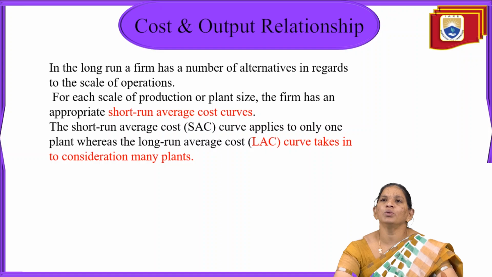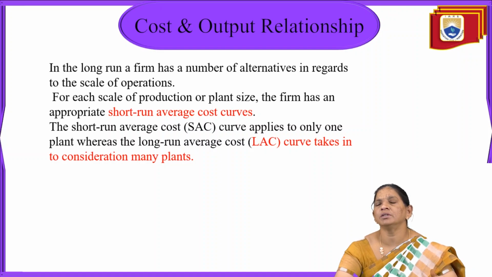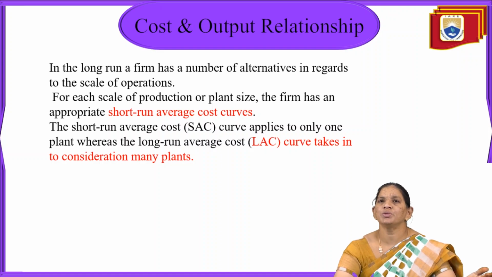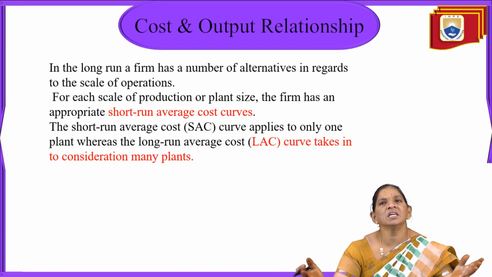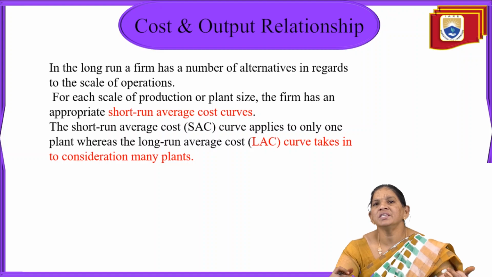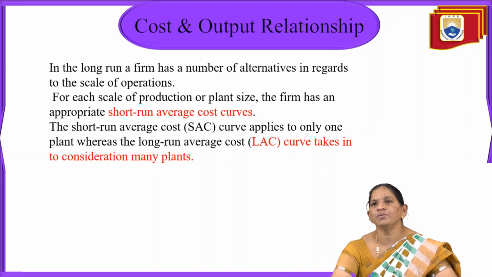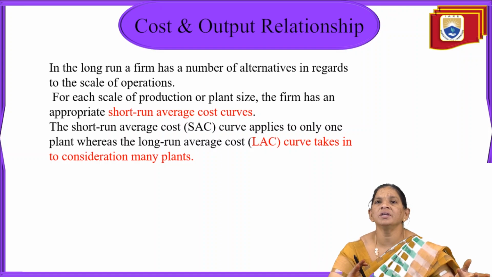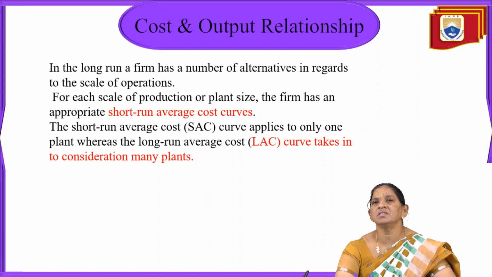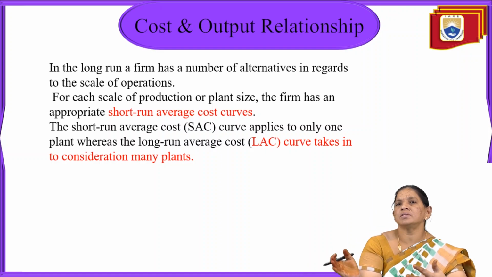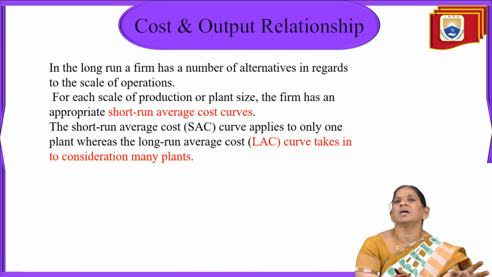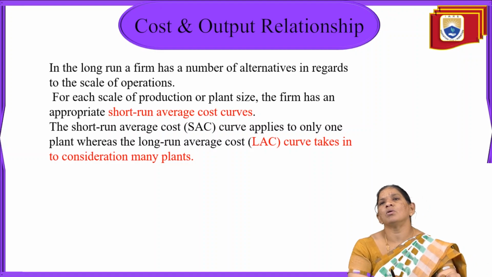So in the long run, whatever alternatives and available resources we have to expand or increase our production, we can add all these. For this, the scale of production or the plant of the firm can be related to the short run average cost curves. In the long run, we add the short run costs and conclude with a long run cost curve.